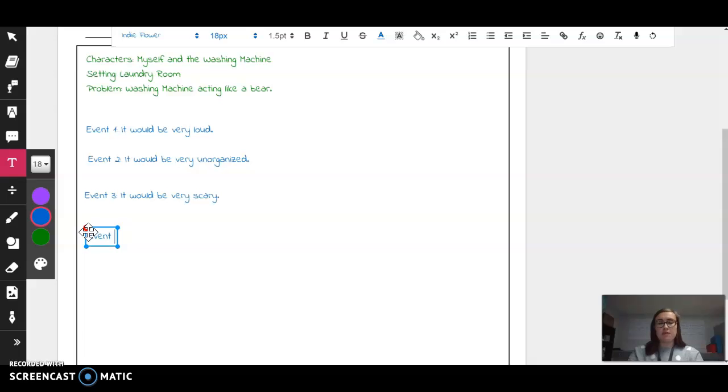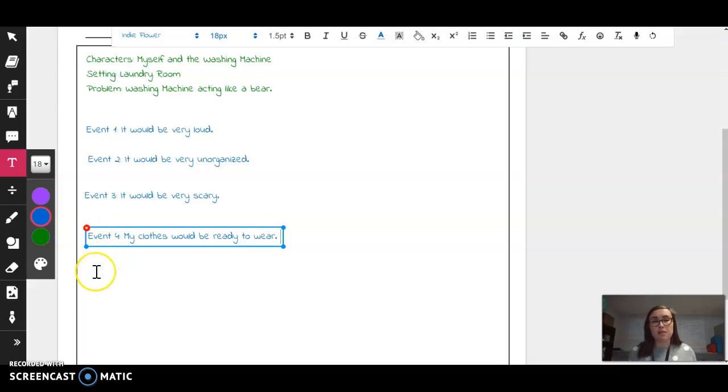Then my event number 4, the one thing that would be beneficial to this is that my clothes would be ready to wear, because the poem talks about how the washing machine would spit them out and then they would be ready to wear, which I think would be pretty cool. So I'm going to say my clothes would be ready to wear.